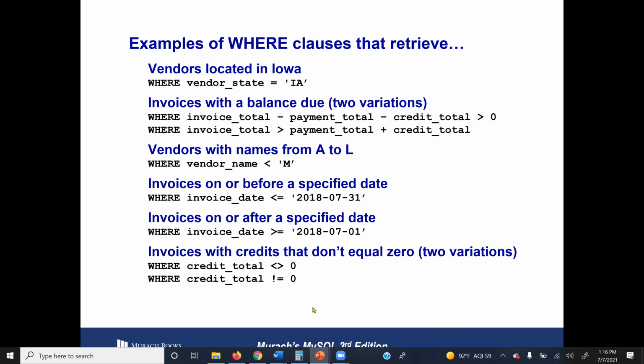Now, in a Java program, we may use an exclamation mark with equal, which means not equal. So both of them are not equal. Okay, if no question, let's keep going.